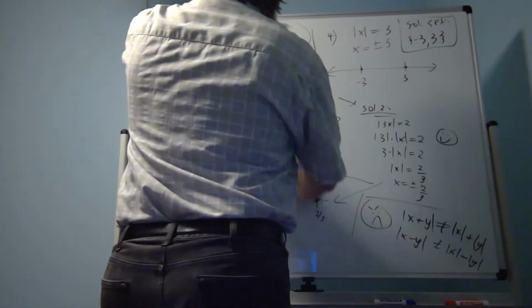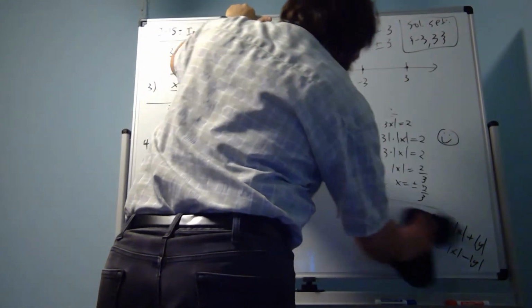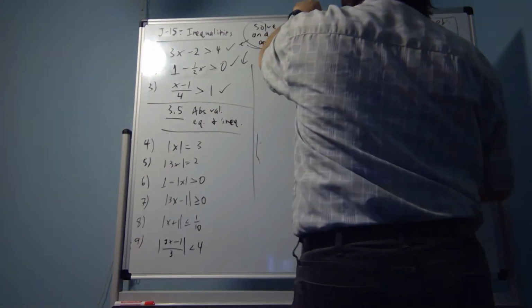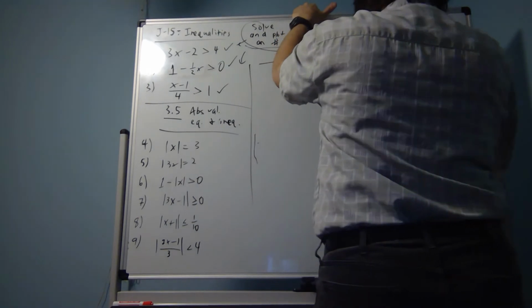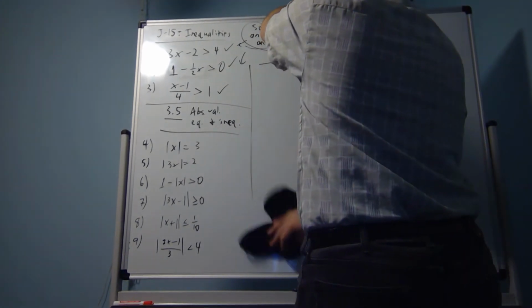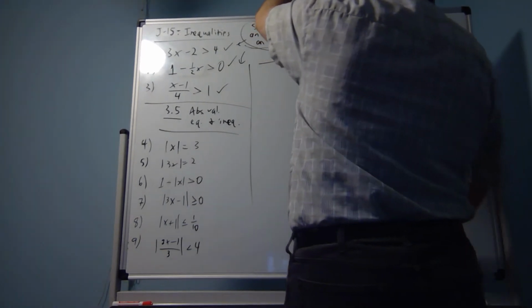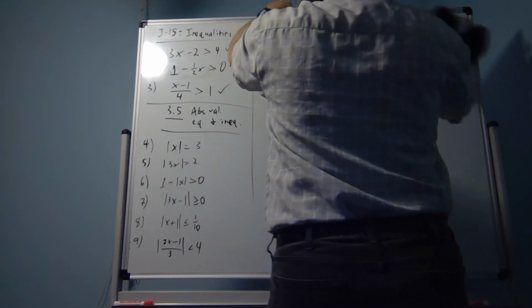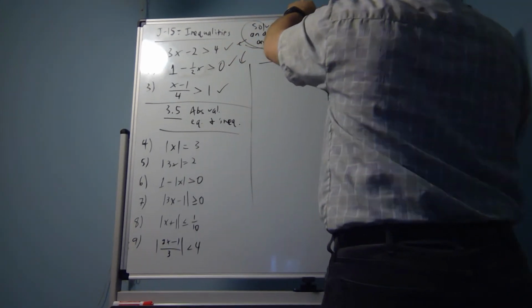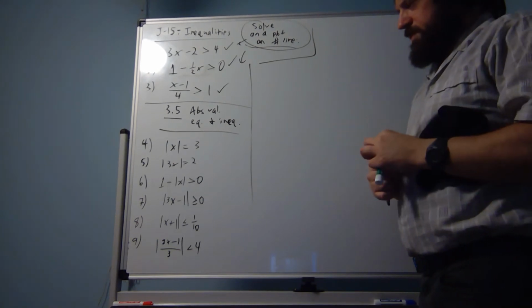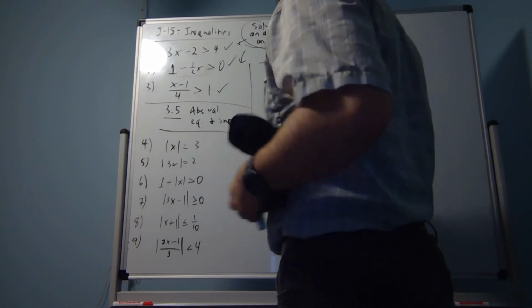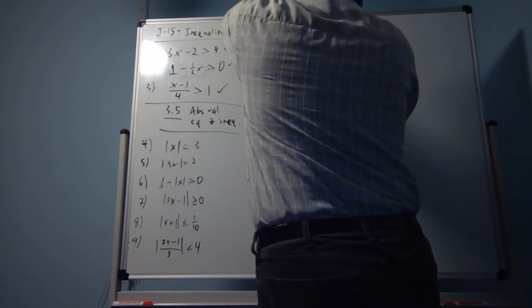But minus absolute value of x, that's a whole other thing. We don't want it in that format. So we can take care of it. So what do we do?